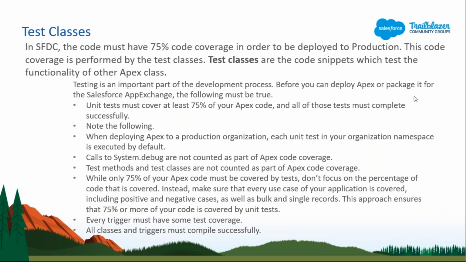And here are some must-know facts about test classes. Unit tests must cover at least 75% of all your Apex code. This is very mandatory when you are going to deploy your code to production. Each unit test in your organization's namespace is executed by default.